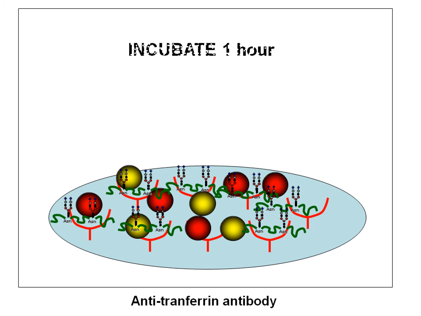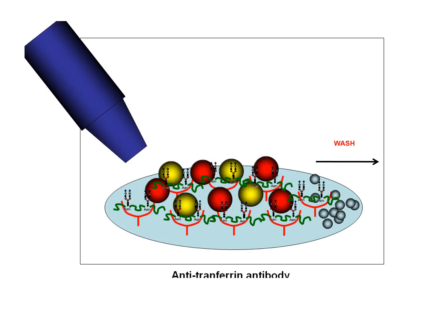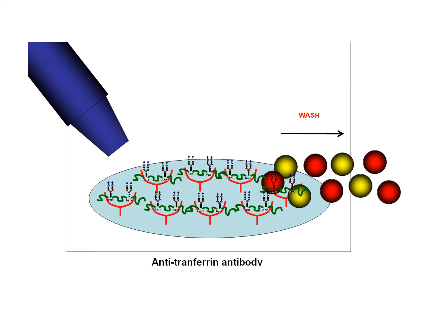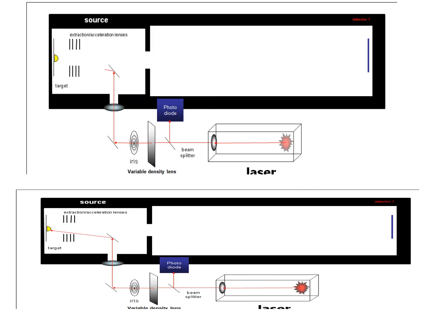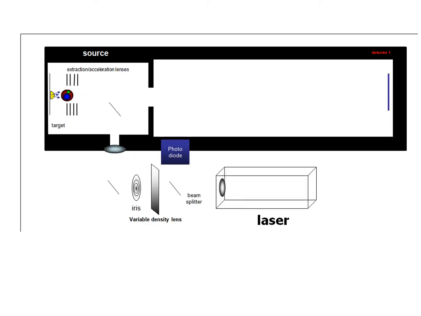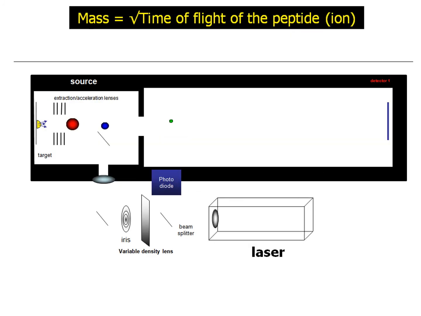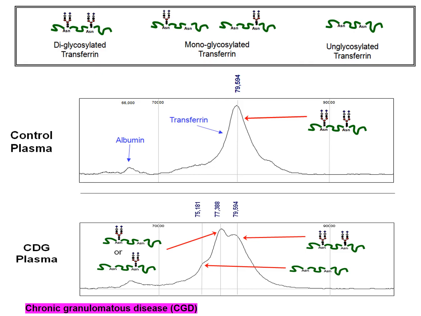You incubate for an hour, then wash off the serum albumin and other proteins. There is the transferrin you captured. You add a matrix and hit it through the time of flight, and from that spot you get a reading, the charge-to-mass ratio. The flight of the ion is there in green.